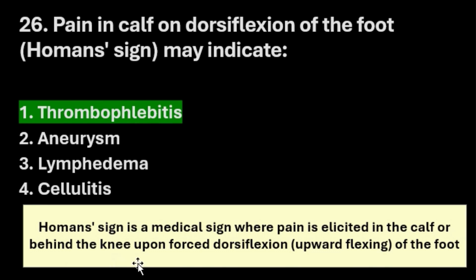Homan's sign is a medical sign where pain is elicited in the calf or behind the knee upon forced dorsiflexion, upward flexion of the foot. The Homan's sign is seen in thrombophlebitis. That is the pain in calf on dorsiflexion of the foot.